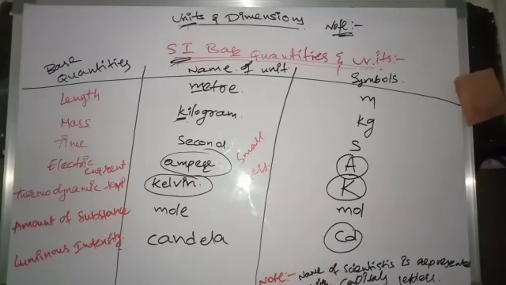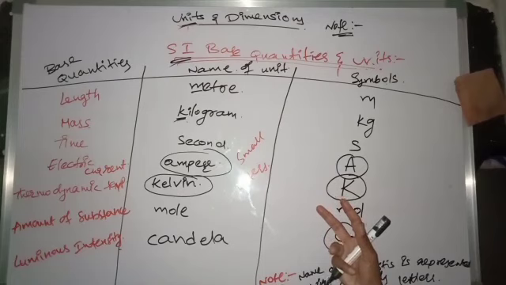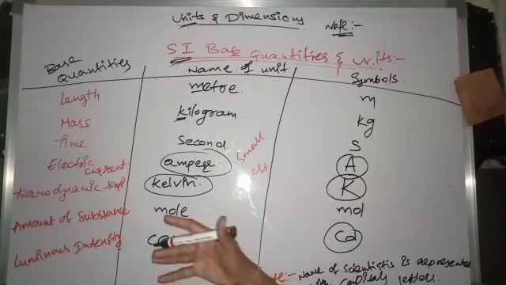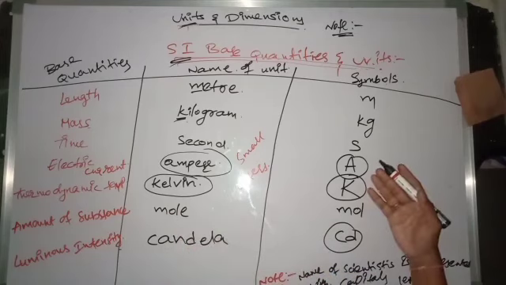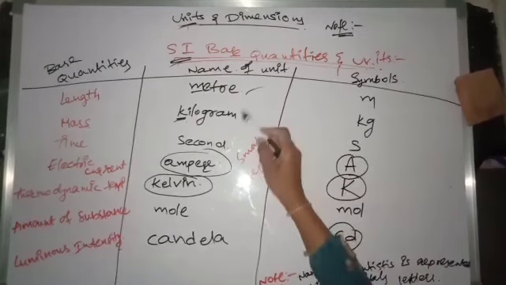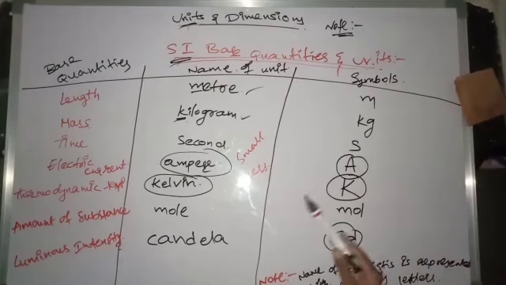In my next lecture, I will explain about derived physical quantities. And after derived physical quantities, in one more lecture, we will solve a few problems relating to the fundamental physical quantities and the derived physical quantities. Okay, be prepared. You just go through these rules and the names of the units and the symbols. Okay, bye.